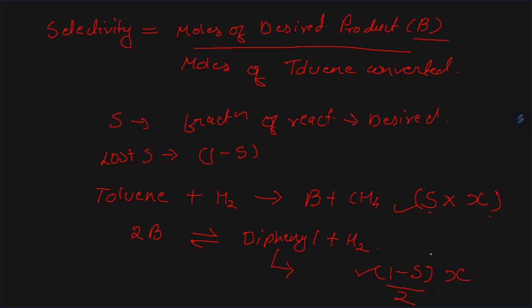Similarly, since S is based on benzene, the selectivity lost is getting converted into diphenyl, but that is half of the benzene formed. That's the reason I am dividing by 2, and again multiplying by X, because that is the toluene which finally got converted.